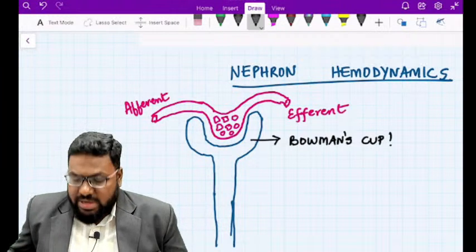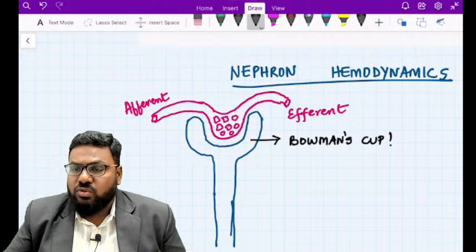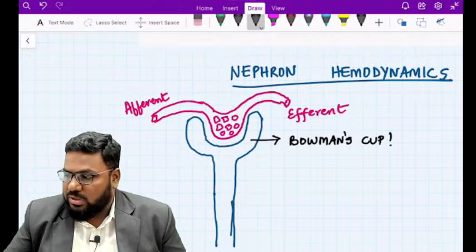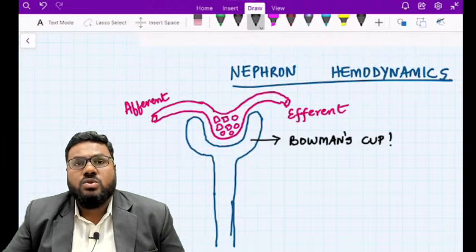So in nephron hemodynamics, before starting this, I already told you how this is going to influence your understanding of entire nephrology. In my last class I told you that there are four important functions of kidney.